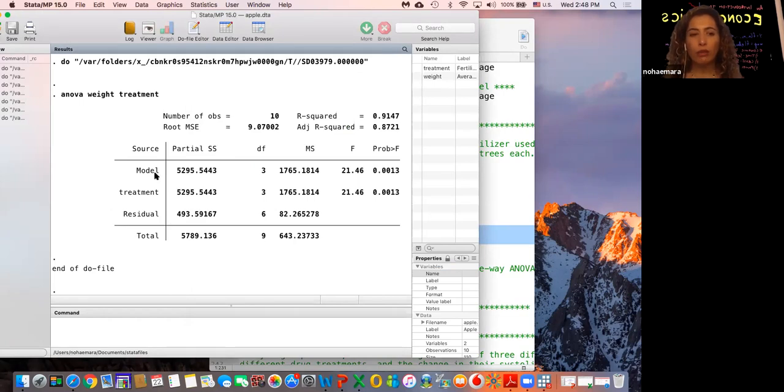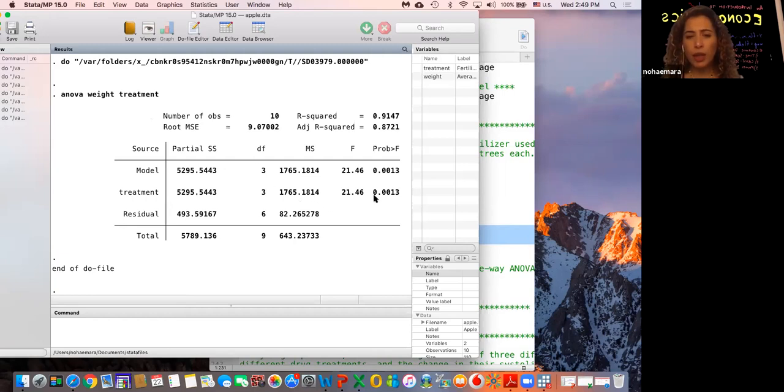But given I have only one x, you can see that this row and this row are exactly the same. Why? Because I only have one treatment. Whenever I'm doing just a one-way ANOVA and I have only one factor, you'll notice that these two are the same.